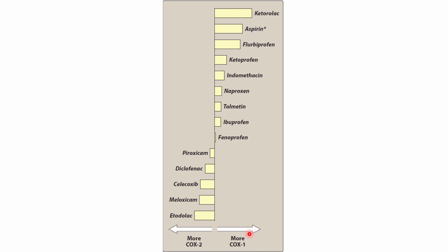that are synthesized with cyclooxygenase 1. And drugs like aspirin, ketoprofen, indomethacin, ibuprofen, and ketorolac are actually strong inhibitors of cyclooxygenase 1.